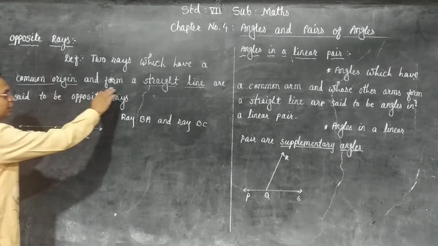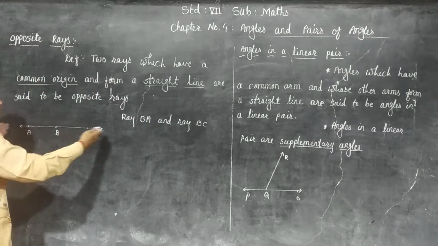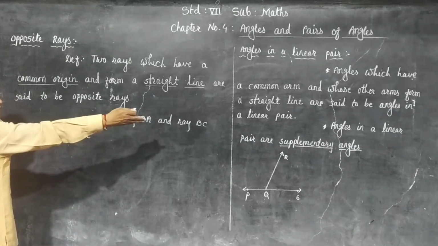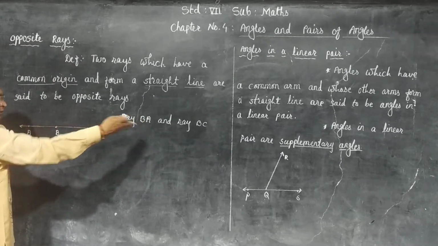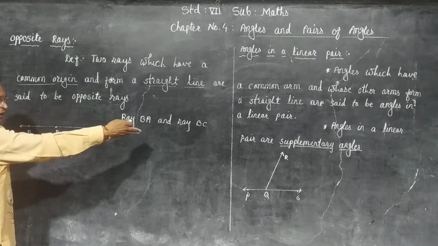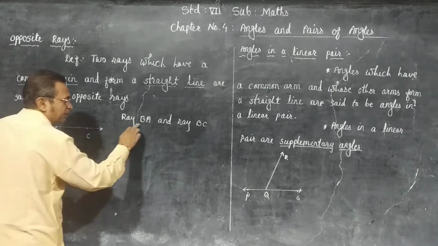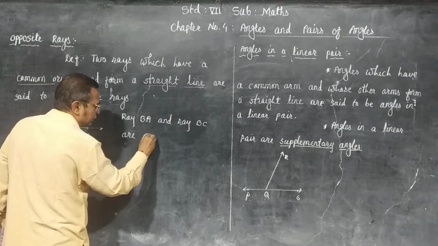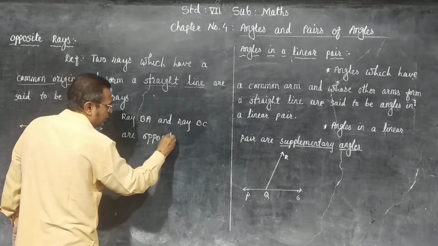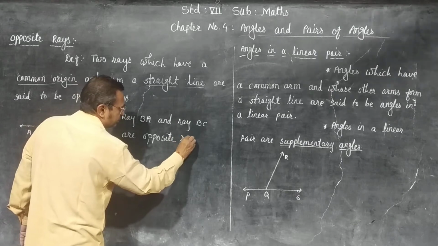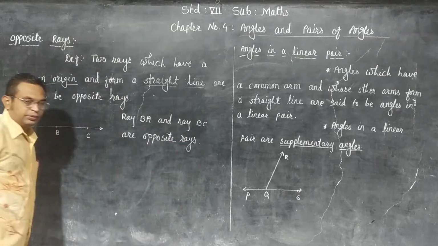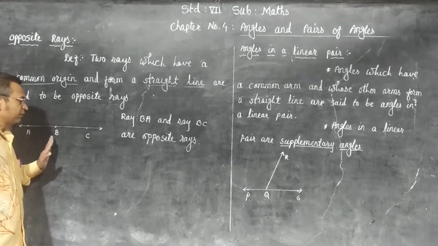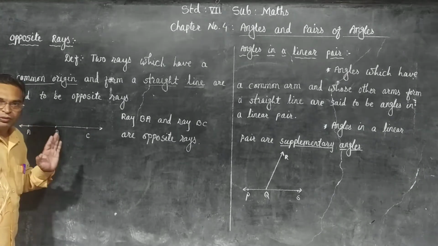And the second condition, form a straight line. Because of these two rays, a straight line is made. A straight line is formed, and therefore ray BA and ray BC are opposite rays, because they have a common origin as well as they form a straight line.